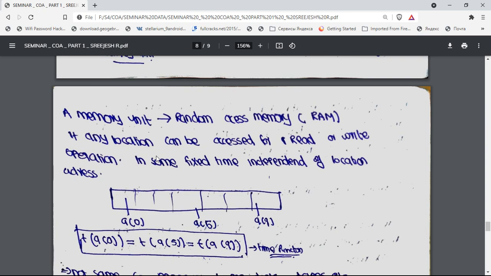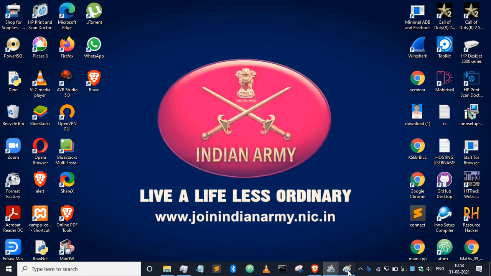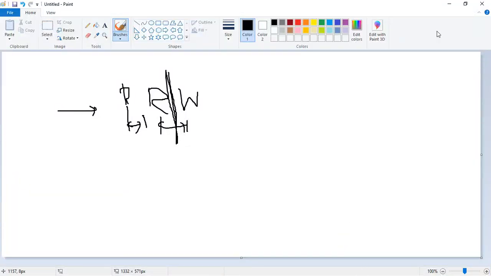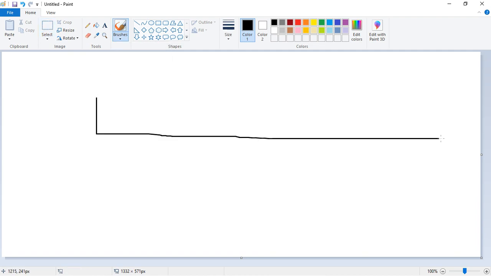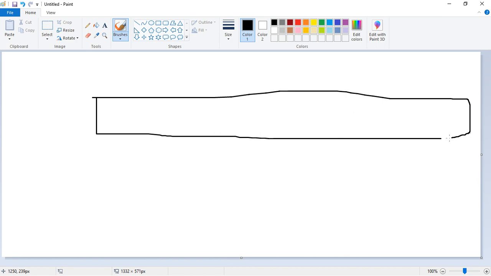There are two types of memory operations. Let me draw a memory, with all these memory cells, where I want to access data.